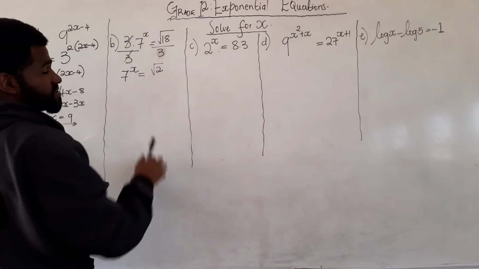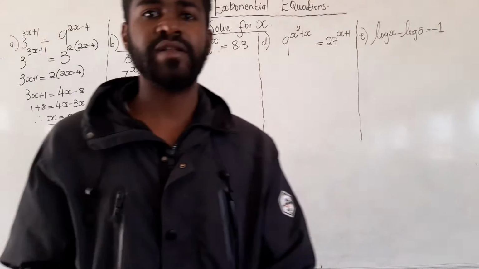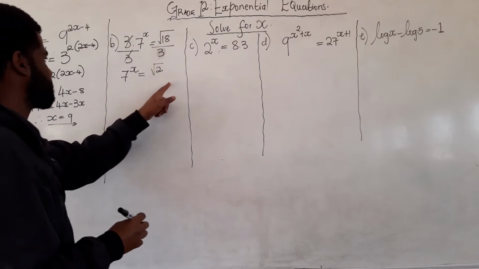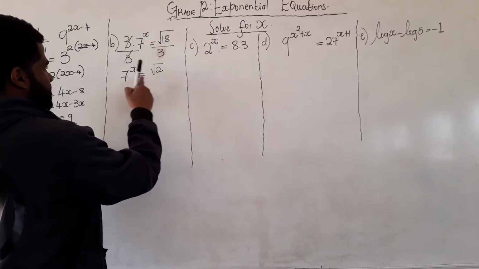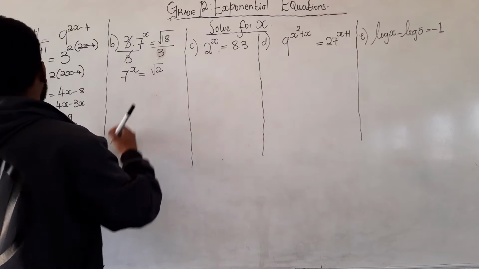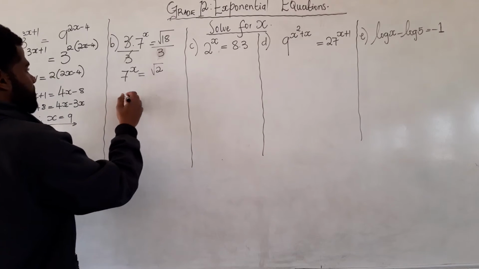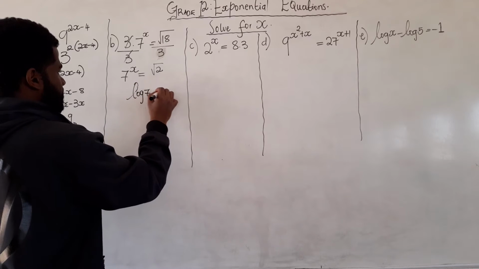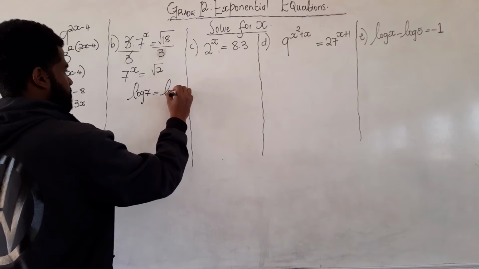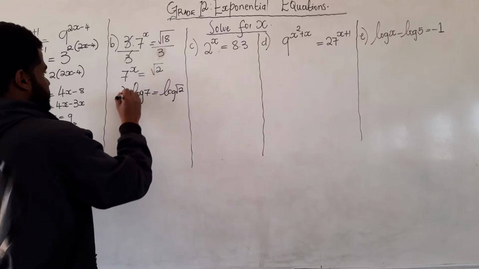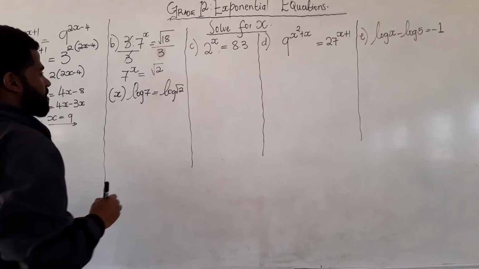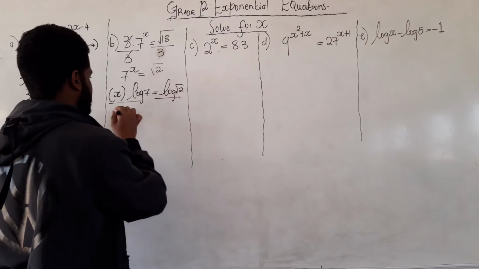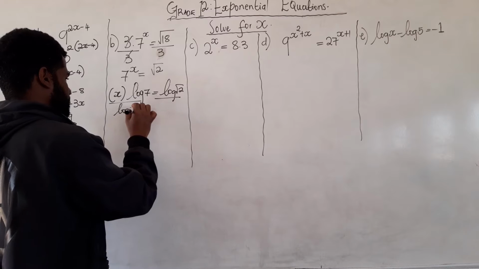I hope you remember from our previous lessons on logarithm functions that when given an equation in a form like this, you take the log base 7 and the log of the root of 2, and then you drop your exponent, the index. Now, when you log both sides, this x becomes the coefficient of the logarithm, and then we divide both sides by the logarithm of 7.